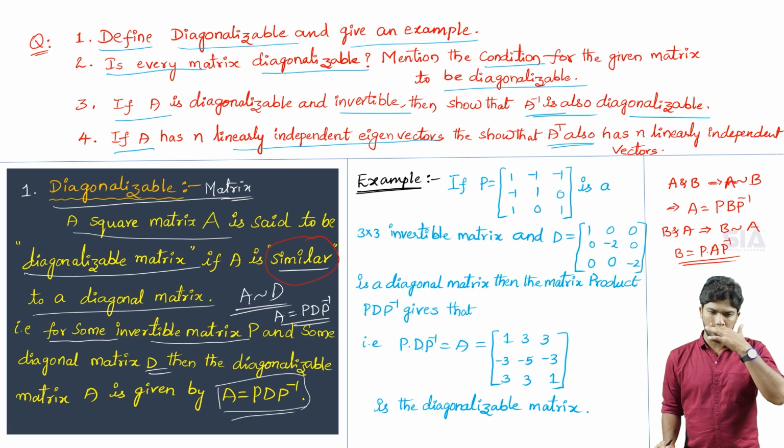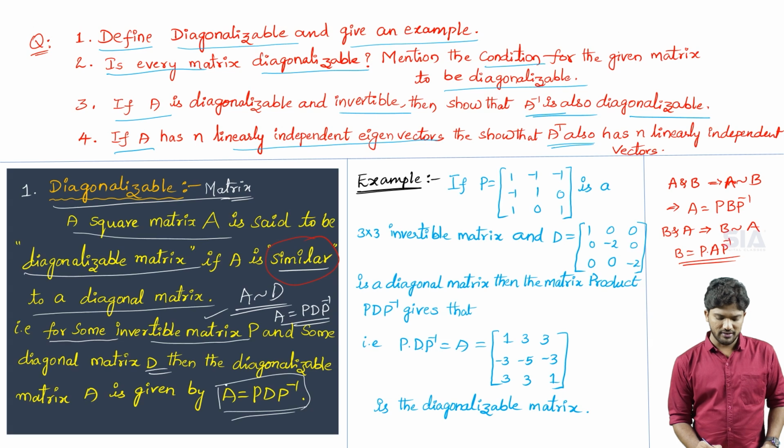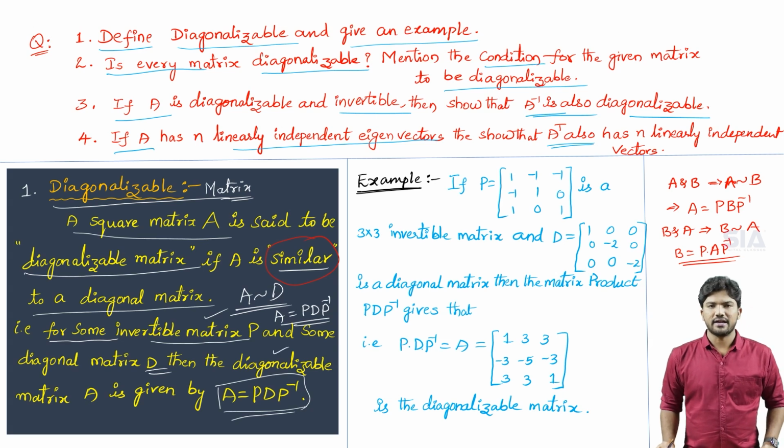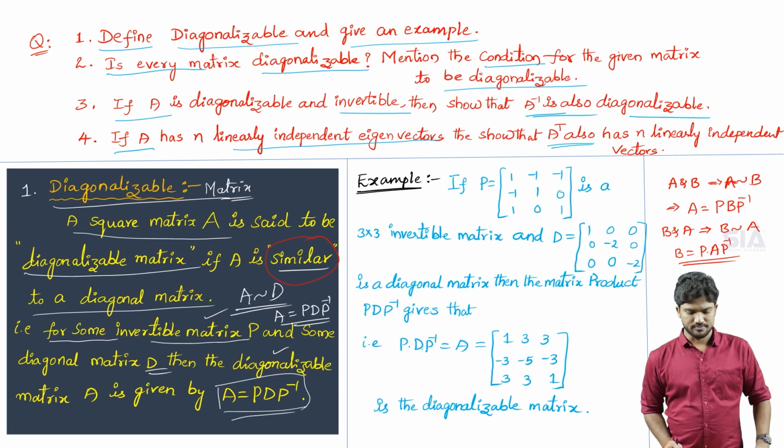Capital A is equal to P into D into P inverse, where capital P is the invertible matrix and capital D is the diagonal matrix. So the diagonalizable matrix capital A is given by capital A is equal to P D P inverse. That is the definition of a diagonalizable matrix simply.